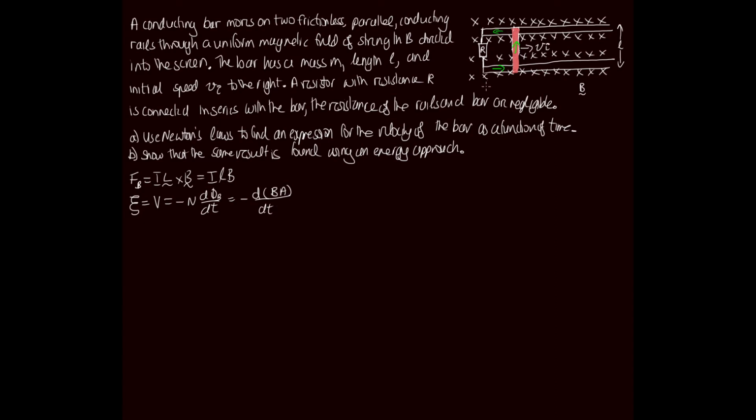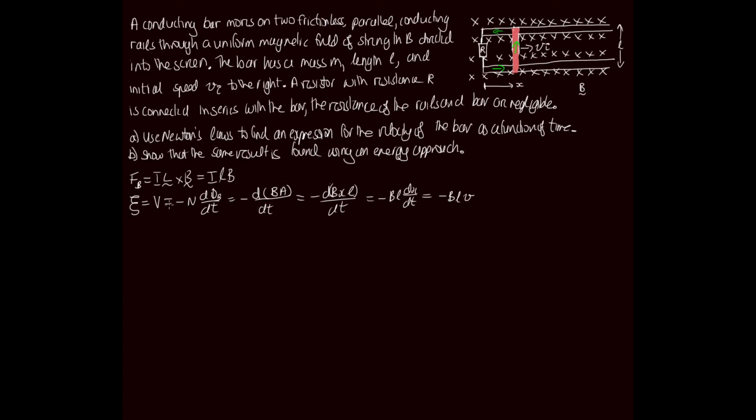So if we let the distance of the bar from this part of the rod here be x, you can see that because the bar's moving, x is going to be a function of time. So we can write this as minus d of B times the area, x times L, over dt. L and B are not changing with time, so we can write this as minus BL dx/dt, but dx/dt is just how fast it's moving, so this is equal to minus BLv.